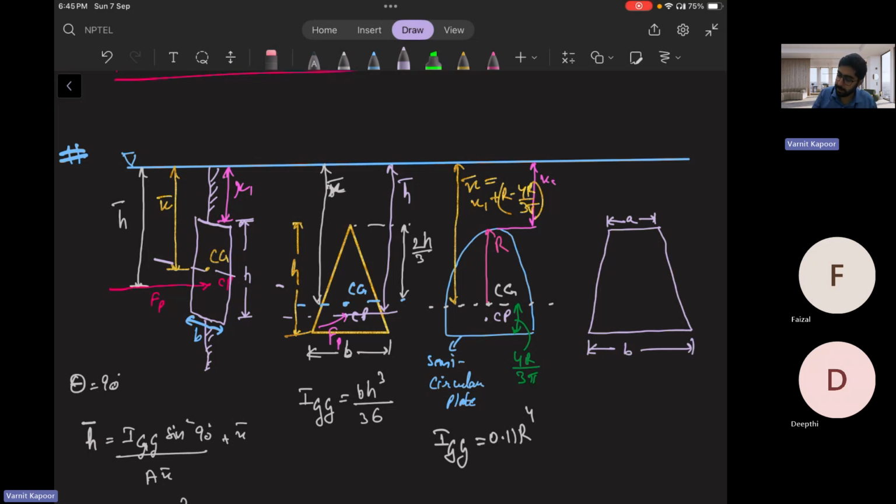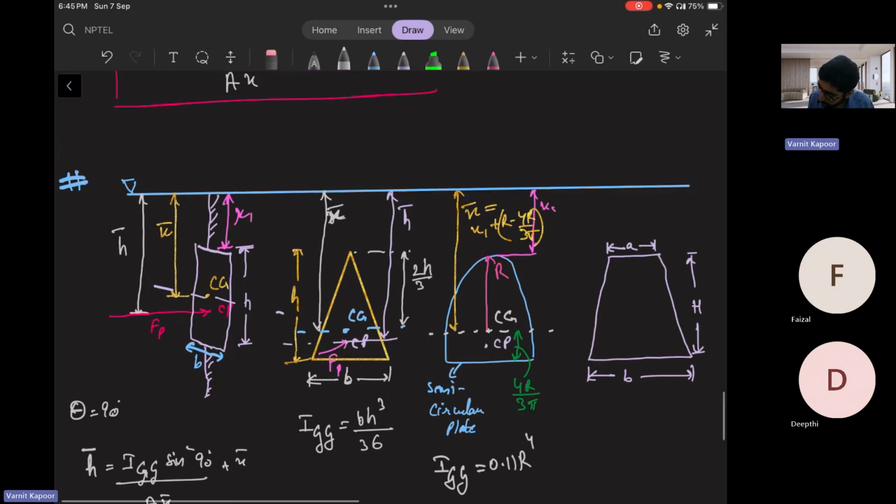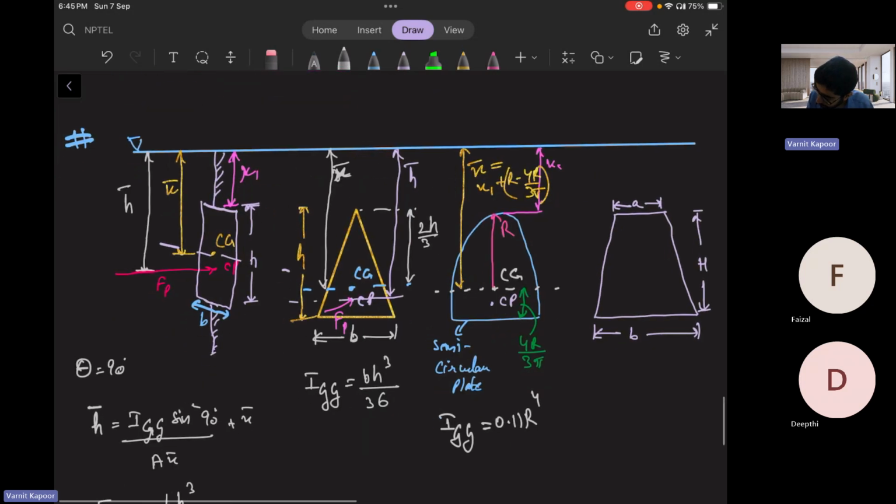The height is capital H. Then again, the center of gravity is at a distance of x bar, and this distance, suppose, is x1.